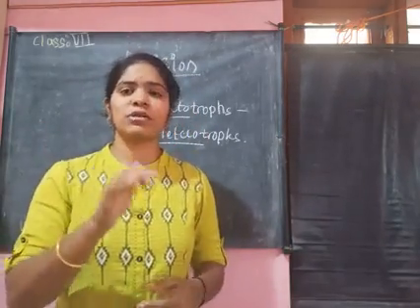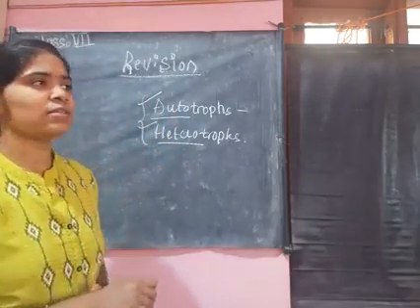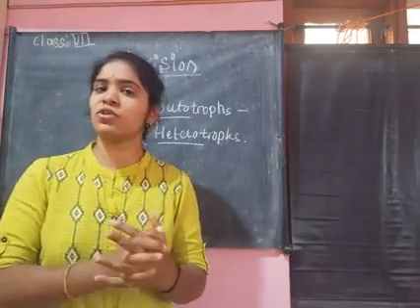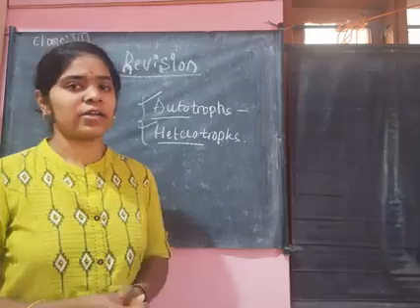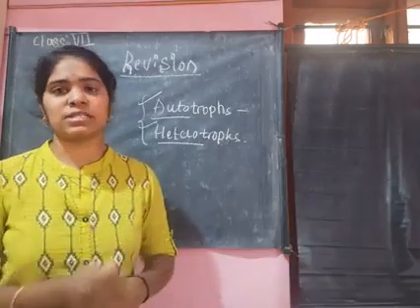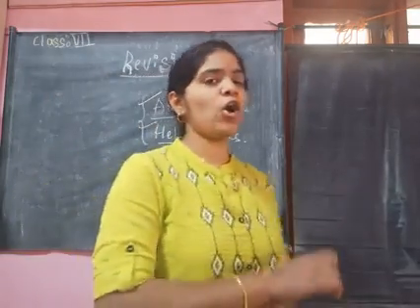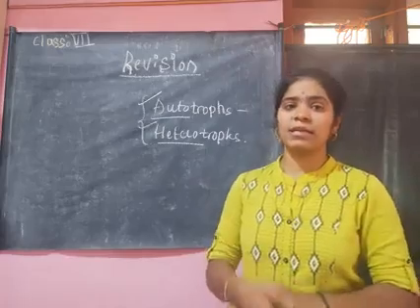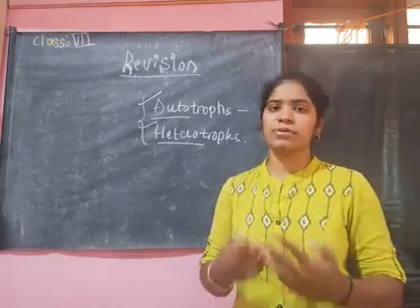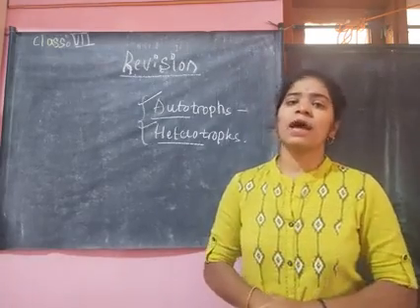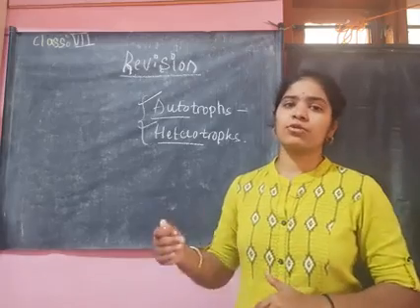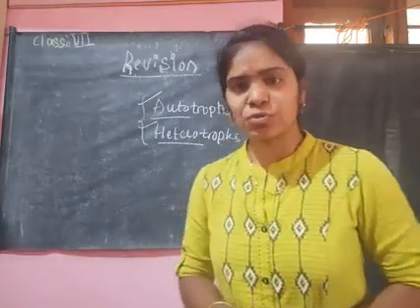That we call the autotrophic mode, and this process we call photosynthesis. Plants are the best example for autotrophs, and all other living organisms like animals, human beings, insects, and birds are heterotrophs, and they depend upon the plants for their nutrition.